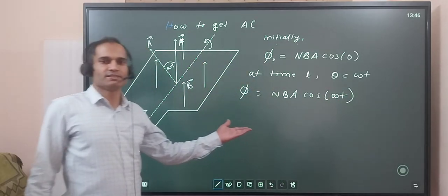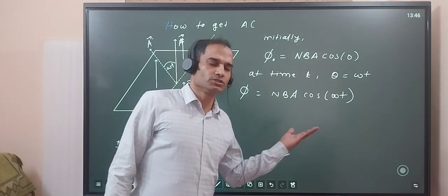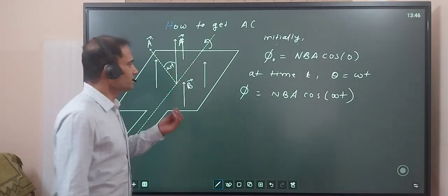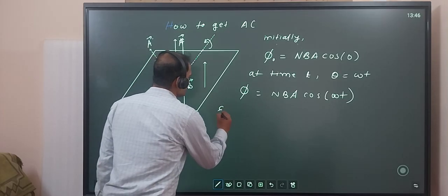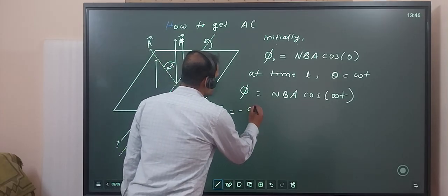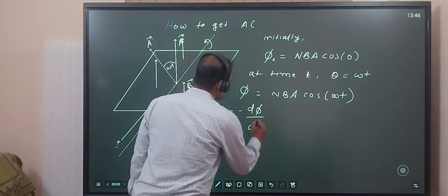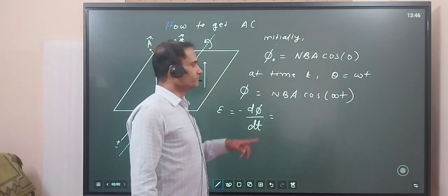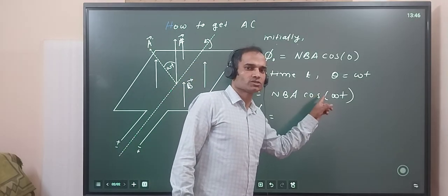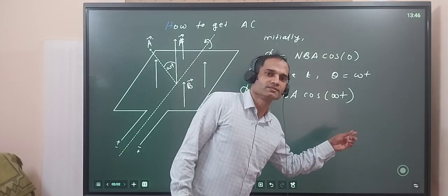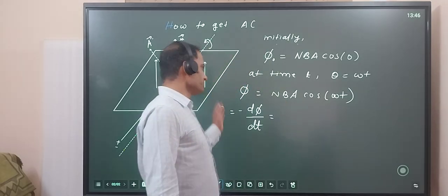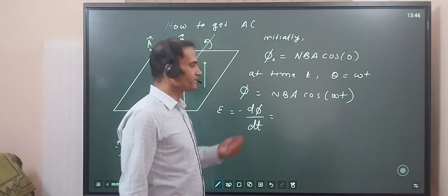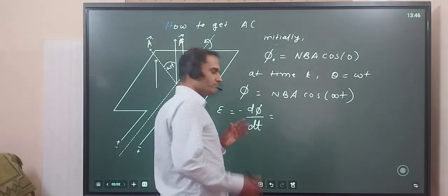Now we can differentiate it and we can use Faraday's law to get the EMF. So EMF will be minus d phi by dt. We have a minus here, and when we differentiate cos, we are going to get minus sine, so this minus and the minus sign coming from the differentiation will become positive.